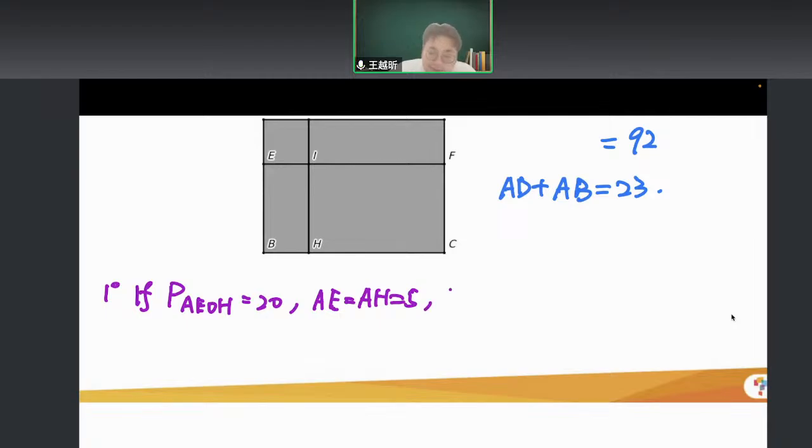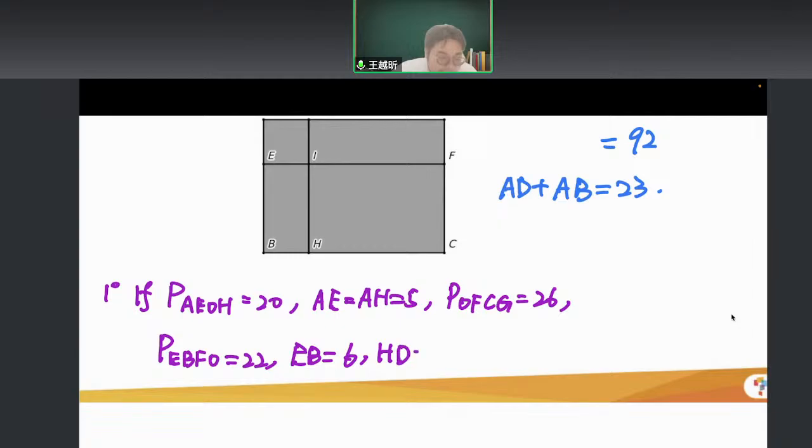And the perimeter of OFCG equals to 26. If P of EBFO equals to 22, EB should equal to 6, and HD equals to 7. It's okay, right? So we can calculate the area of ABCD.